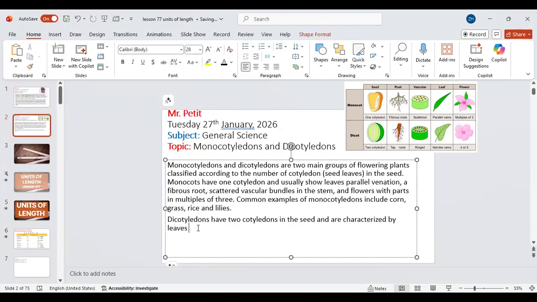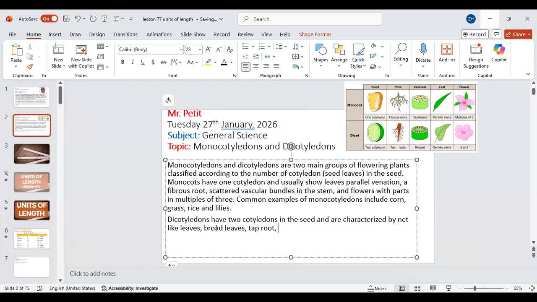Dicot leaves have two cotyledons in the seed and are categorized by net-like veins. What else do they have? Broad leaves. All right. What else? A taproot.